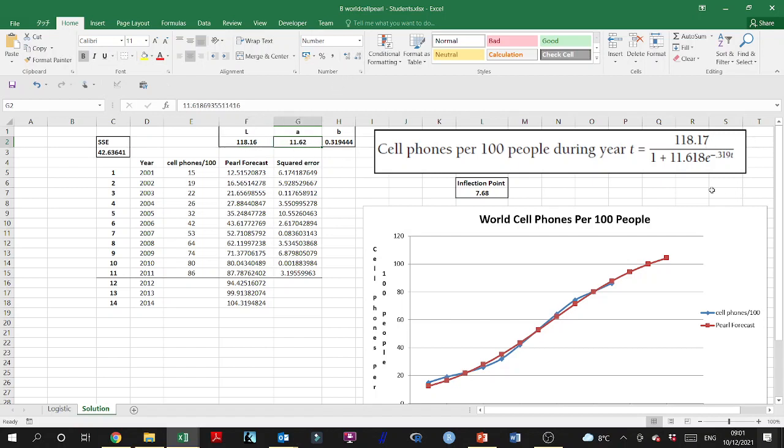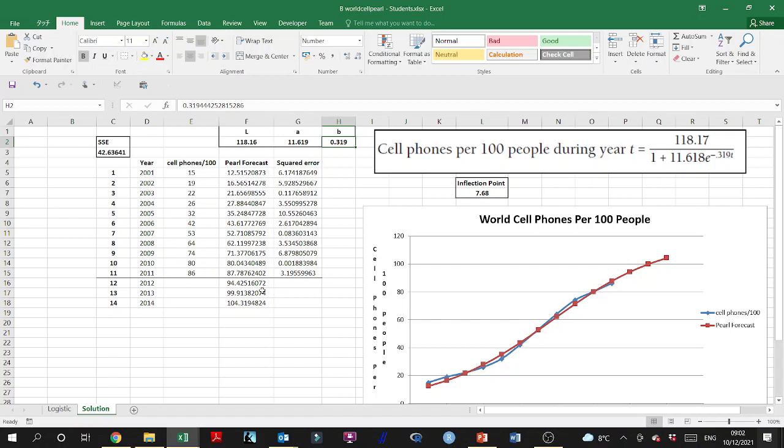And then 1 plus 11.618, 619, e to the power of minus 0.319 t. He had 0.319 like me, it's okay. So that is the function right now, the fitted function.